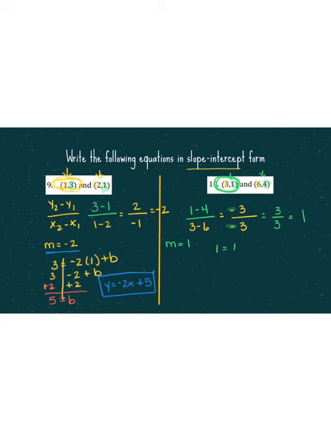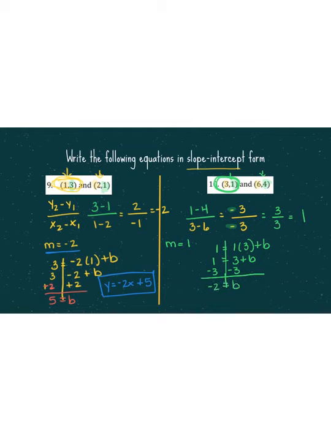My slope is 1 times my x, 3, plus b. Okay, so 1 equals 1 times 3 is 3, plus b. To get rid of that 3, we're going to subtract 3 on the left and the right. Okay, 1 minus 3 is -2 equals b.